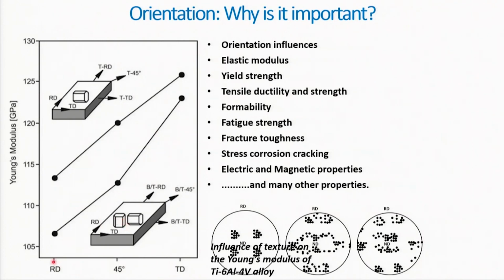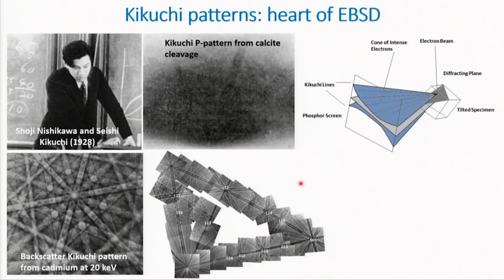If the single crystal of titanium is oriented with the C axis along RD, you will get some Young's modulus, but when that is aligned with respect to, say, TD, you will get something else. So, your entire Young's modulus is changing depending on the orientation. Orientation influences all of these various different properties. That is the importance of orientation.